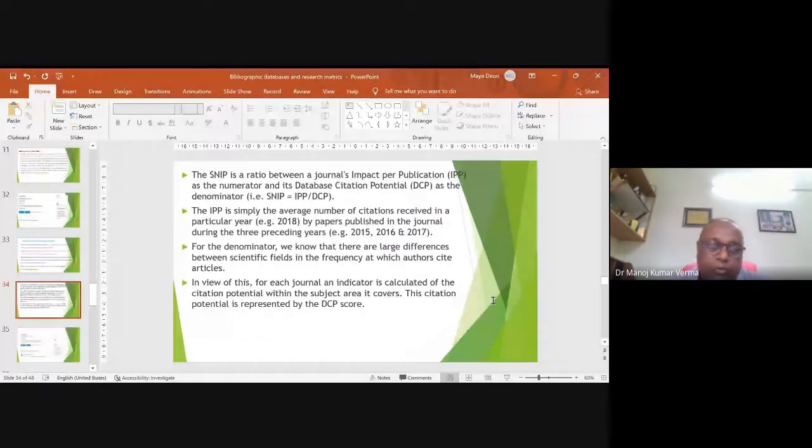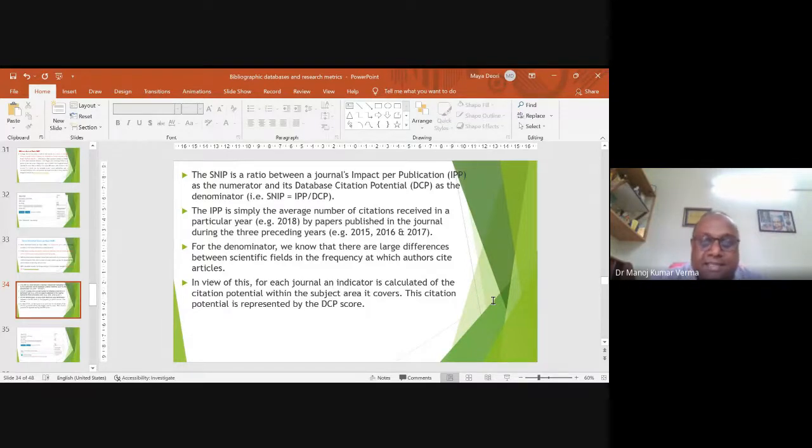Okay, now I am emphasizing how we calculate SNIP. SNIP is the ratio between the journal's impact per publication, which we call IPP, as the numerator, and the database citation potential, DCP, as the denominator.